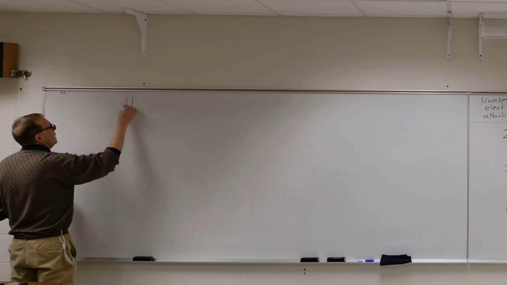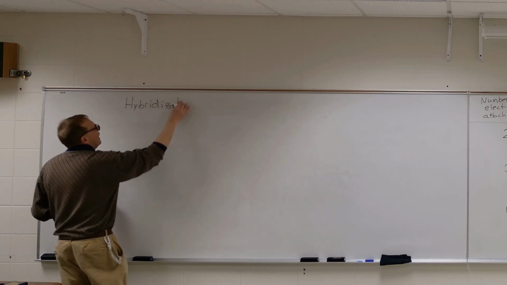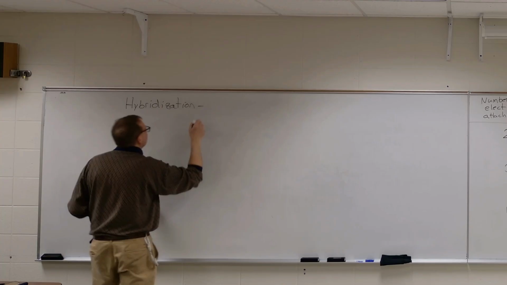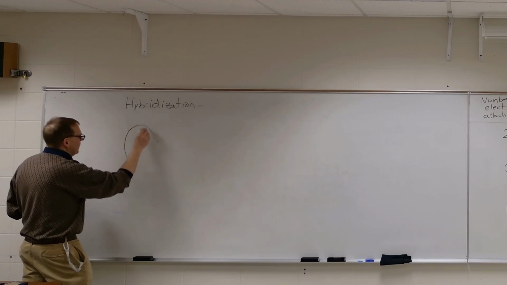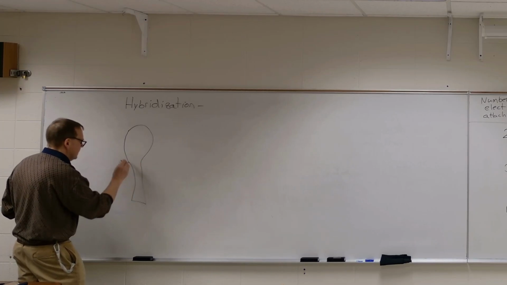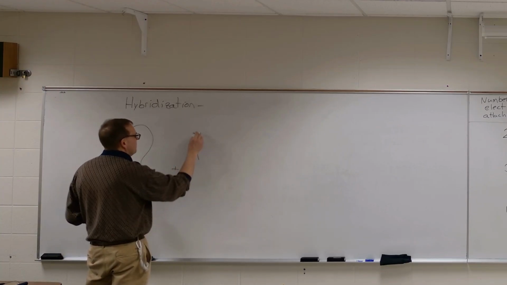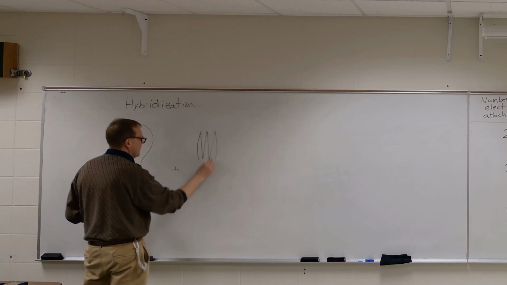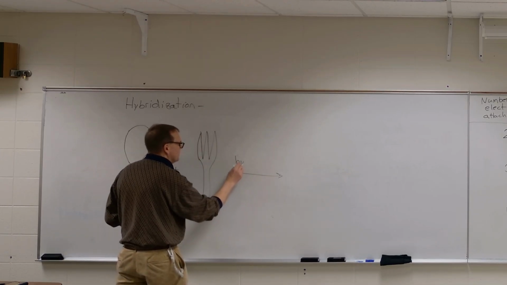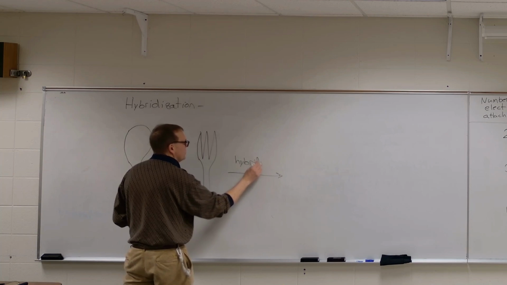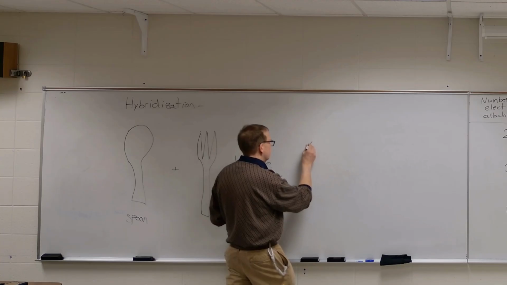So hybridization. Let's do a non-chemistry example. Imagine you had a spoon, and you mixed that with a fork. If you hybridize these two objects, you mix them together and get something that's kind of like the sum of each of the individuals.